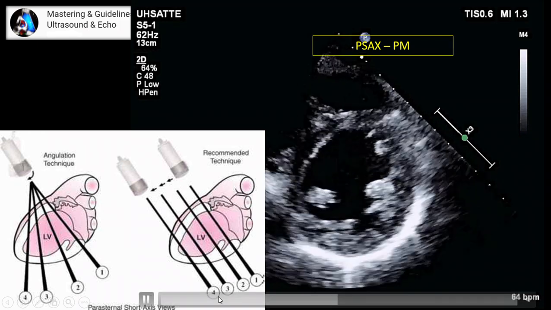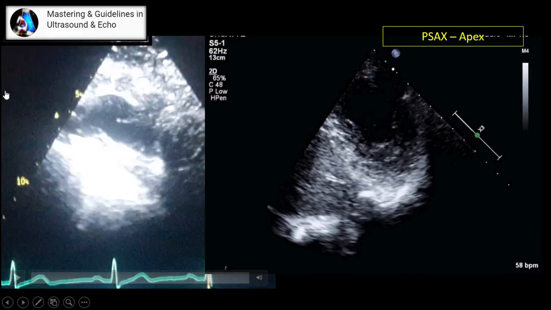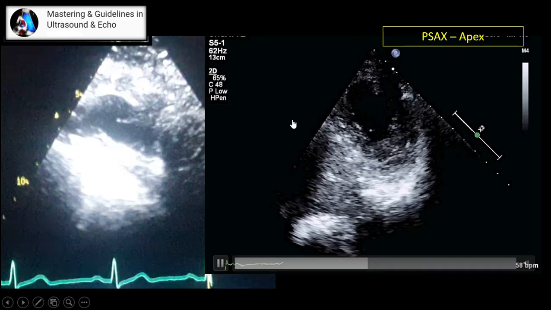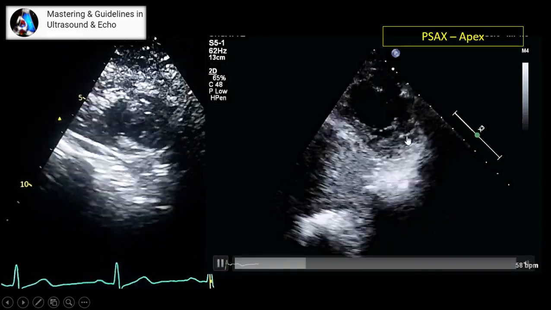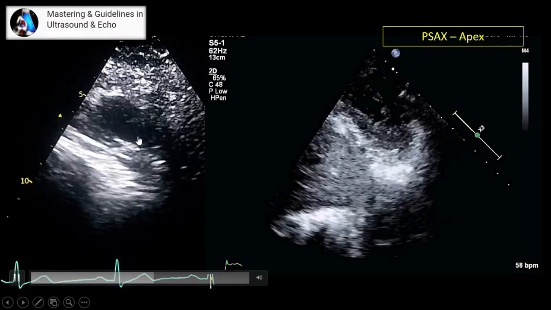Okay, the next one, the last one for the PSAX, is the apex. For the apex, as you will see here, I can say this is off axis of the apex, and this is the correct one. Why?